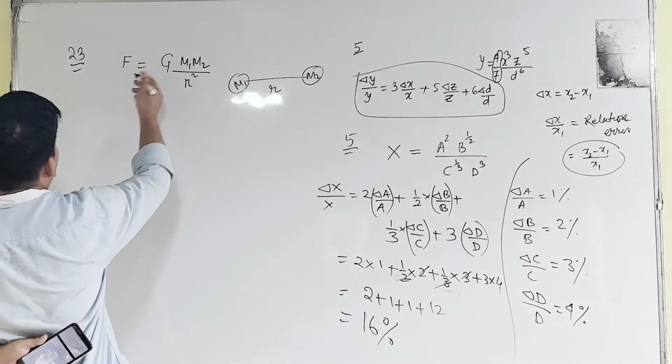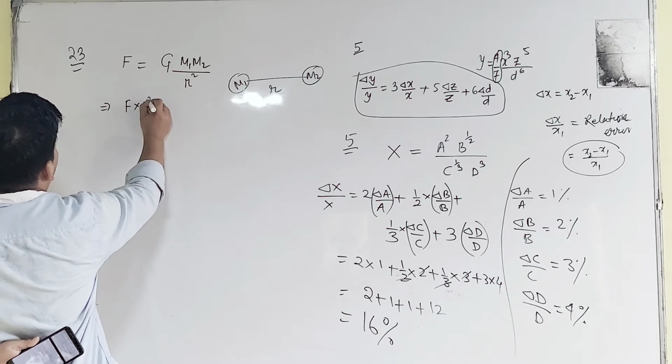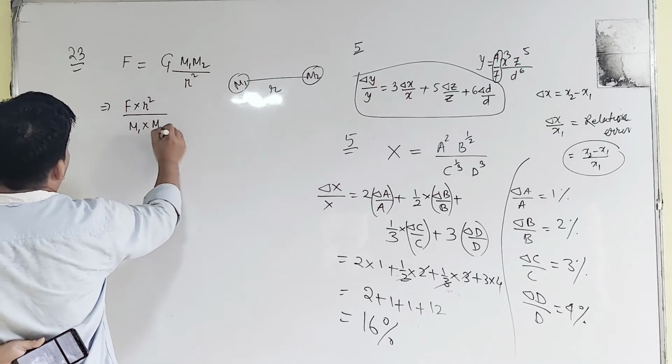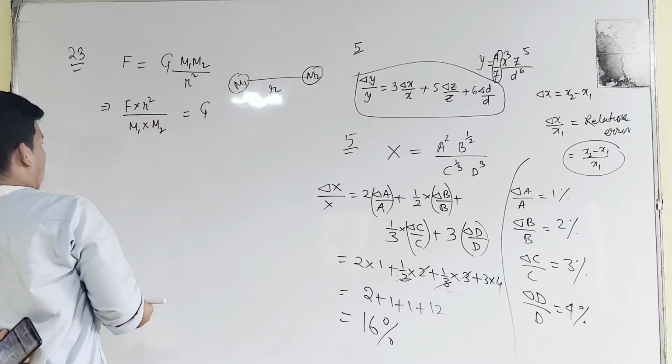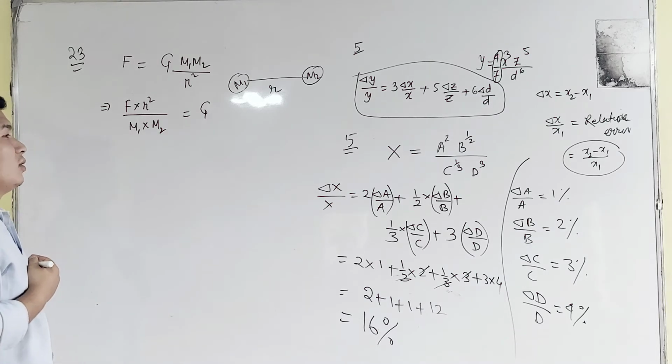If we are to find the value of G, then it would be F into r square divided by m1 into m2, equal to G. What is the dimension formula of force?